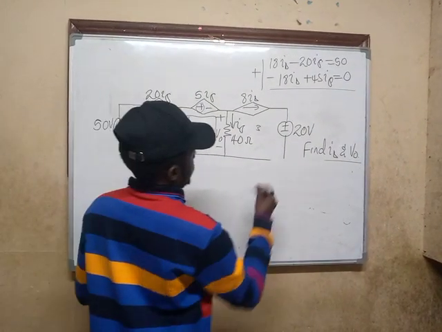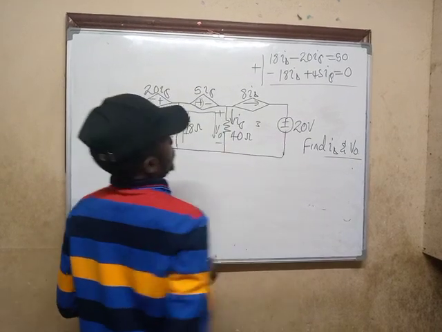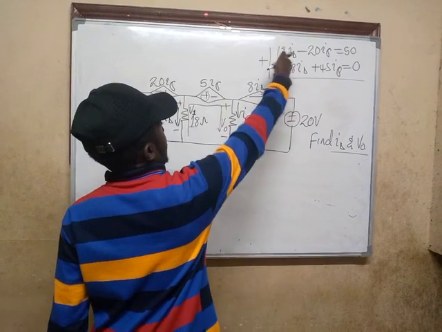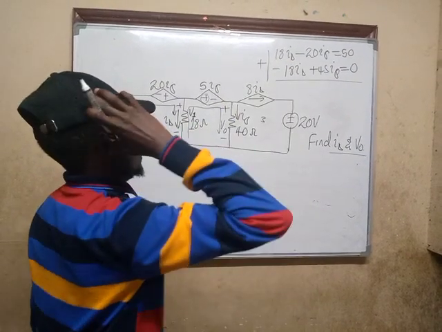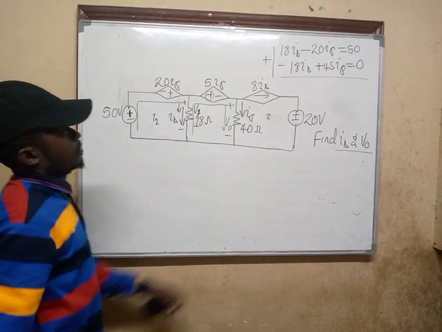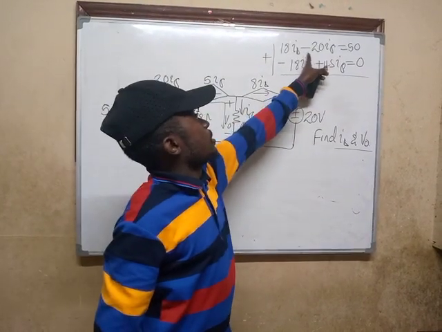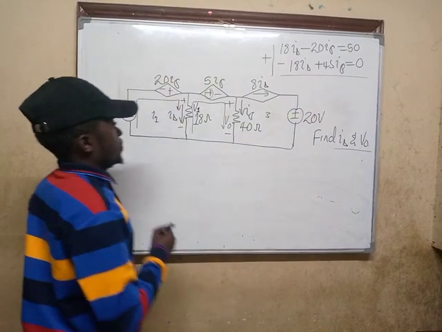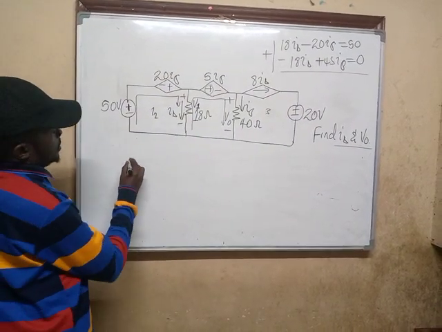Solving this simultaneously, we are adding. 18 plus negative 18 is 0. Then negative 20 plus 45, we are getting 25.